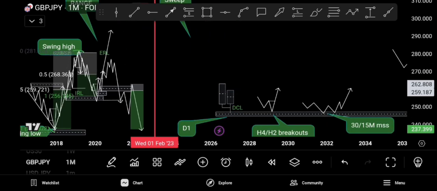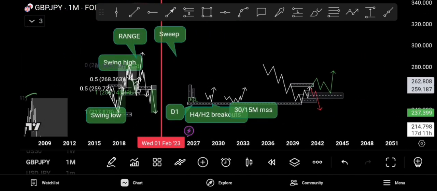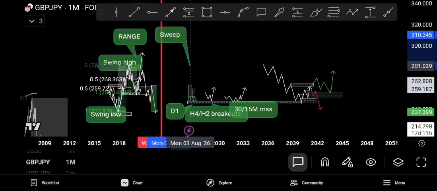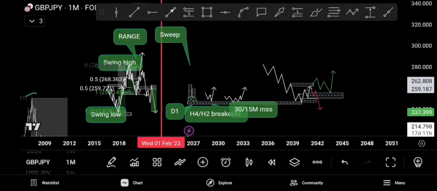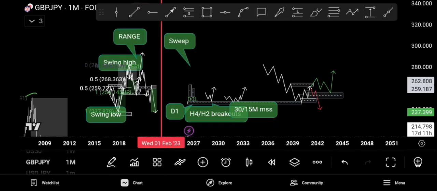Then two, we have our sweep, which is the daily candle liquidity or rejection. The liquidity is always a high probability. When you see daily candle liquidity, it shows that price is going to target the previous daily high, so you tend to be bullish.